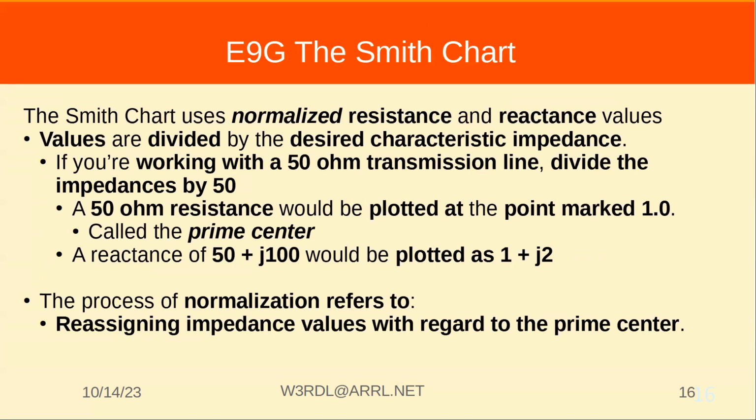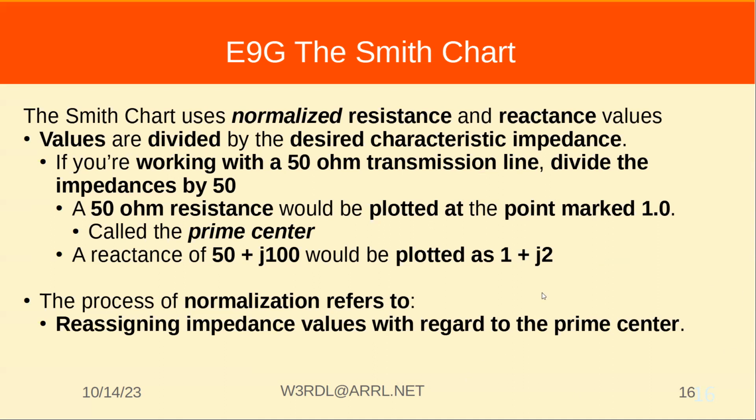So you've normalized everything to 50 ohms. So after you've used the Smith chart to maybe figure out the length of a stub, then you have to multiply your result back by 50 to find out what it is in terms of the real impedance.